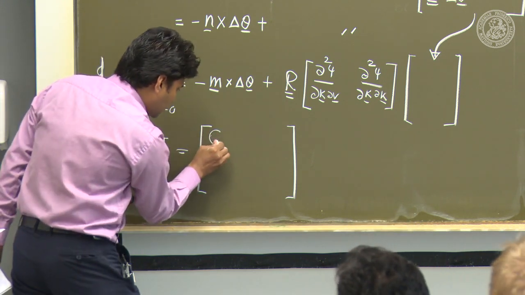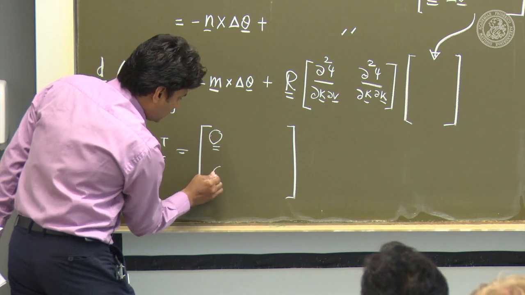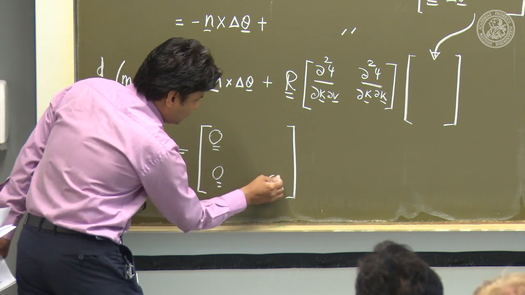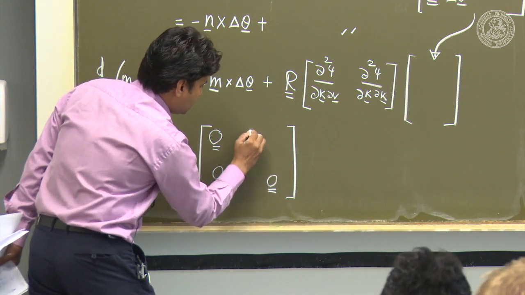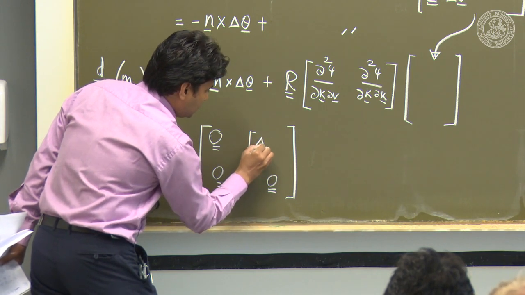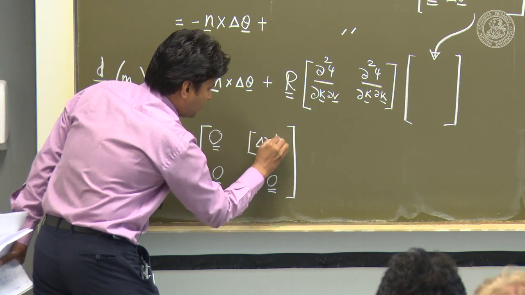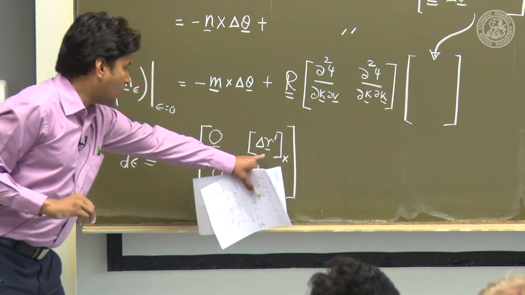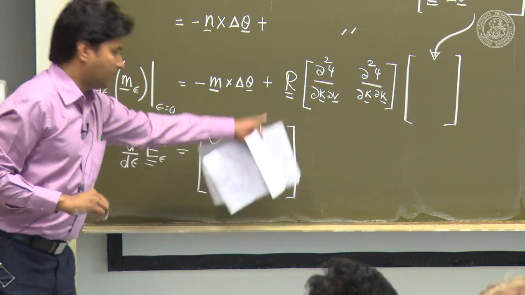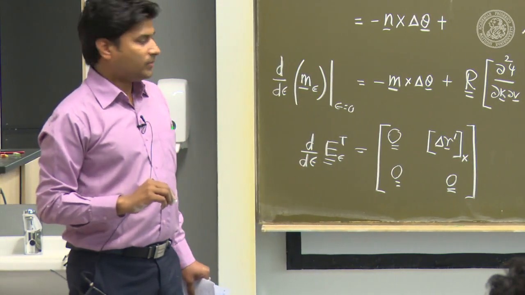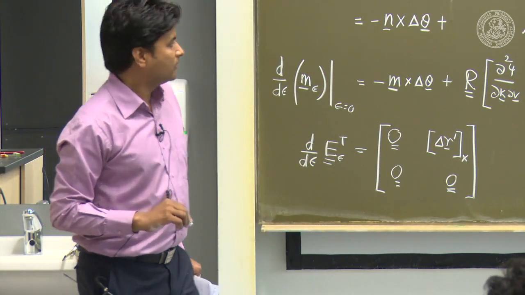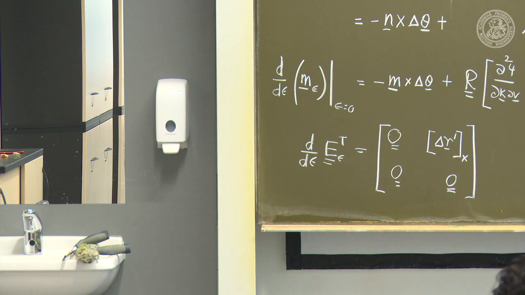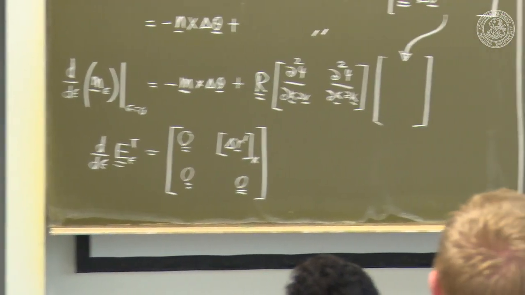So it's simply 0. That's also 0. That's also 0. But over here, you just get delta r prime cross. So instead of little r prime, it becomes delta r prime. Okay. Now let's combine them and see what we have.